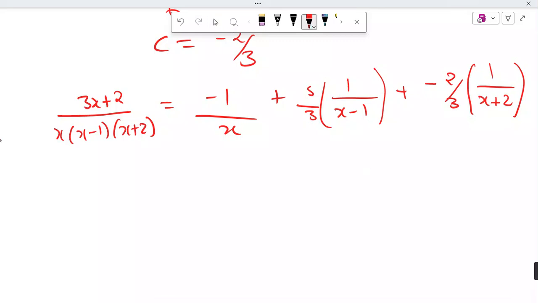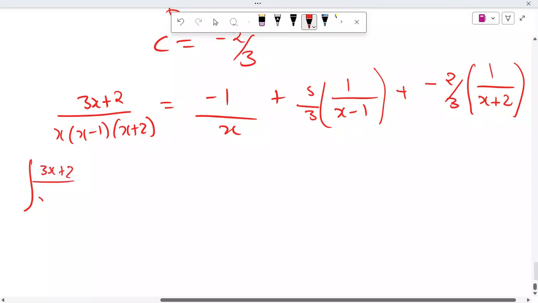So we write now, integrating dx is the same as integrating these individually, since we have separated the fractions.